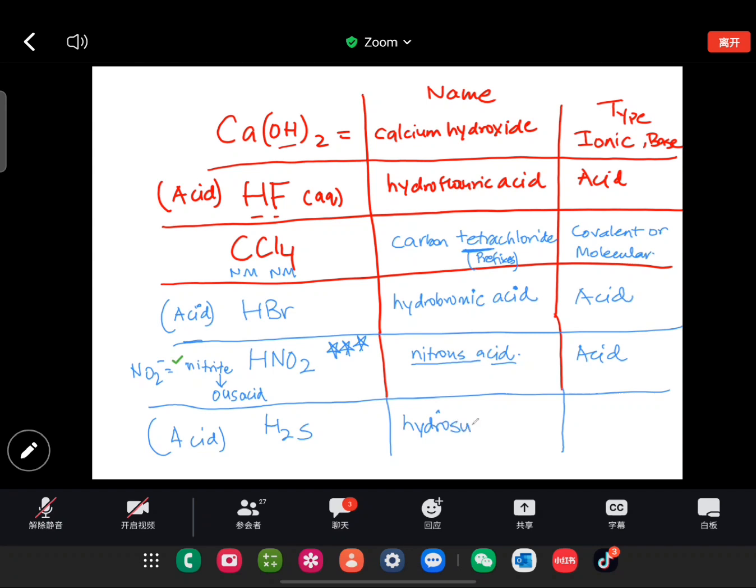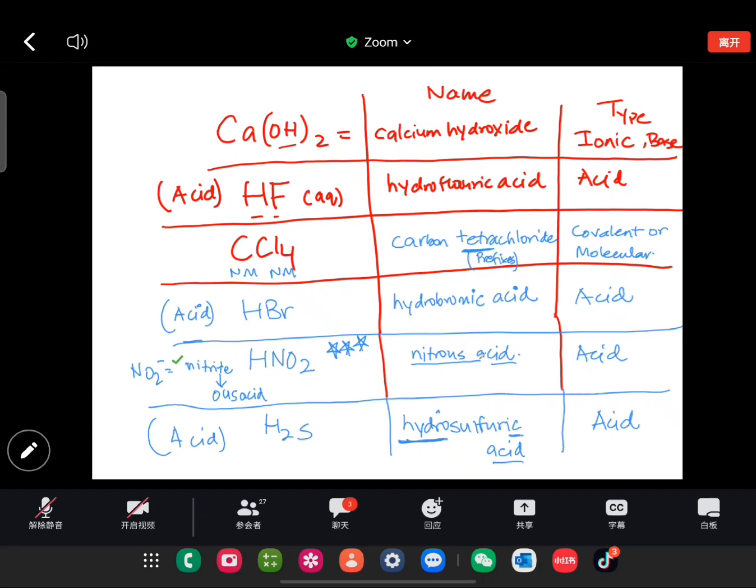Hydrosulfuric acid. If your acid does not have oxygen, it will start with hydro and end with ic acid. The only acid which has oxygen in it will not start with hydro. For example, the nitrous acid does not start with hydronitrous or something, right? So keep that in mind.